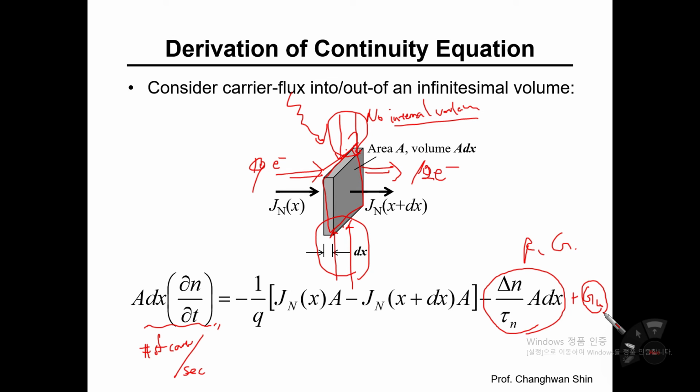Then we put everything together on the right hand side and balance out the units of the left and right hand sides. That's it. That's the basic process and steps to derive the continuity equation.